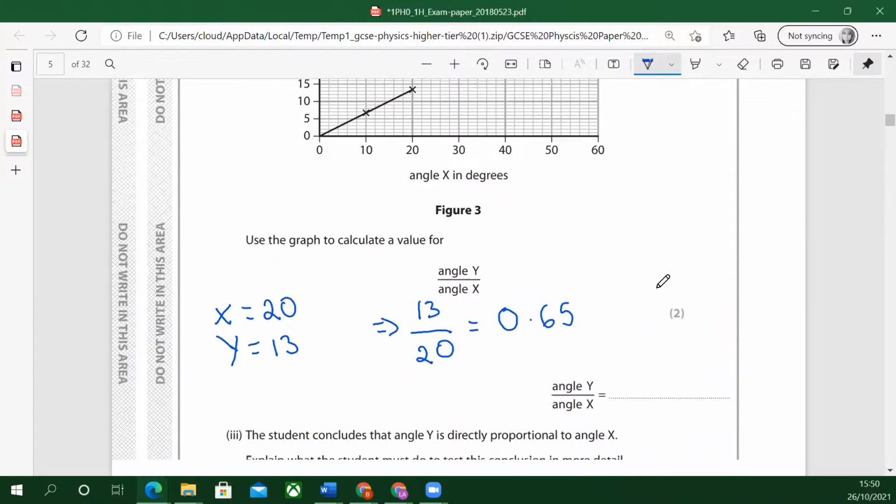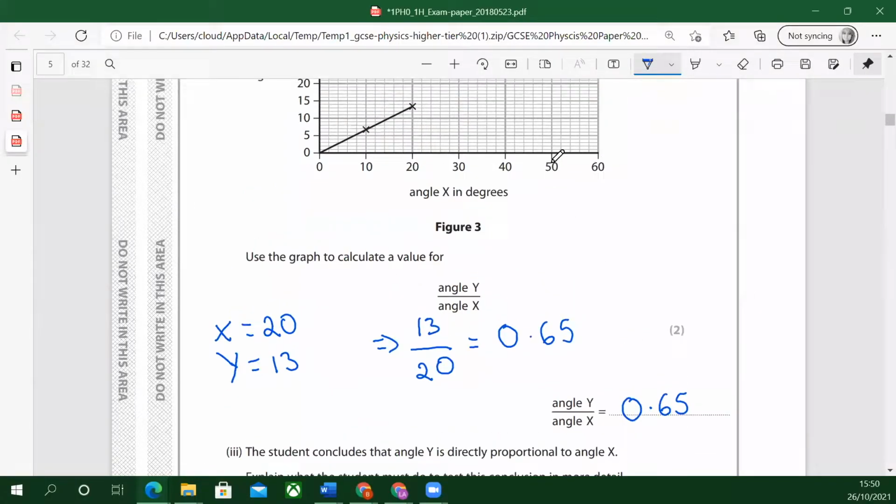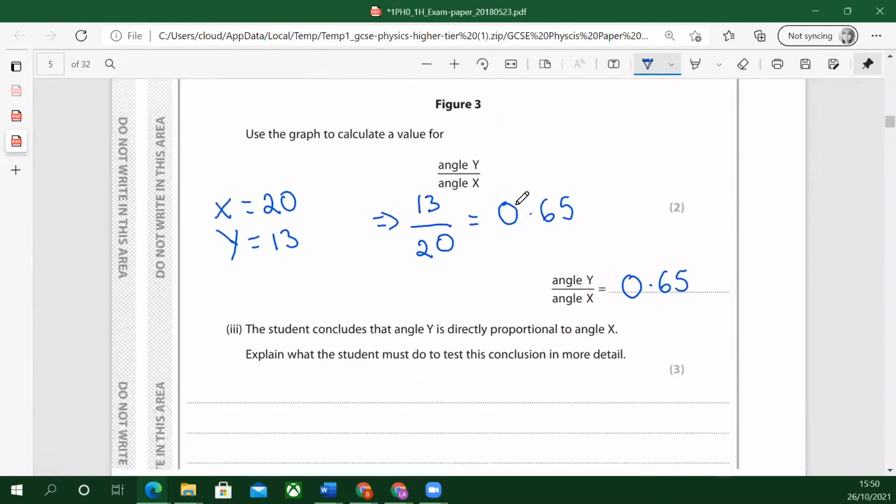And we're going to write the answer where suggested, 0.65. That's all you have to do for that. That looks worse than it is, we're just reading from a graph.